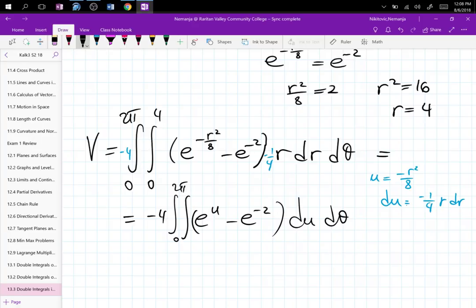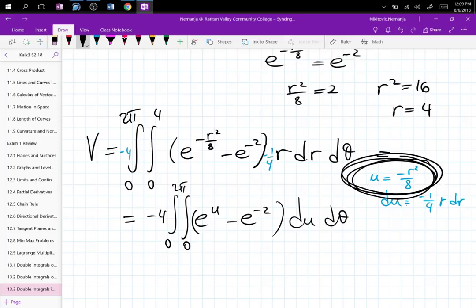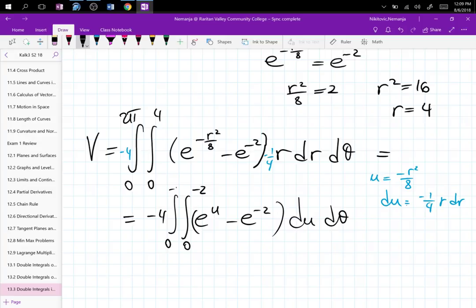Now the limits were 0. That limit of 0 remains a 0, because when you plug 0 in here, you get 0 divided by 8 is 0. And now the upper limit was 4. That's negative 16 over 8. It's negative 2. Now I like negative 2 as the upper limit because there's a negative over here, and we know that when we swap those limits, the negative in front disappears.